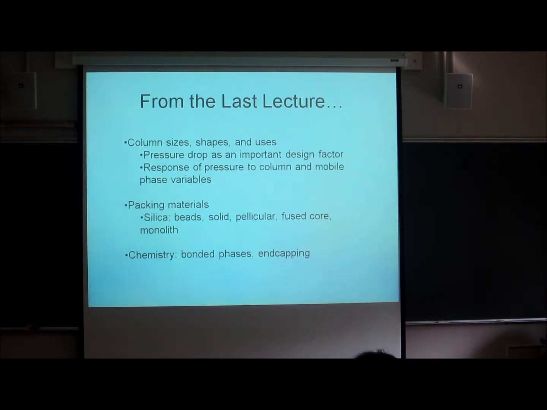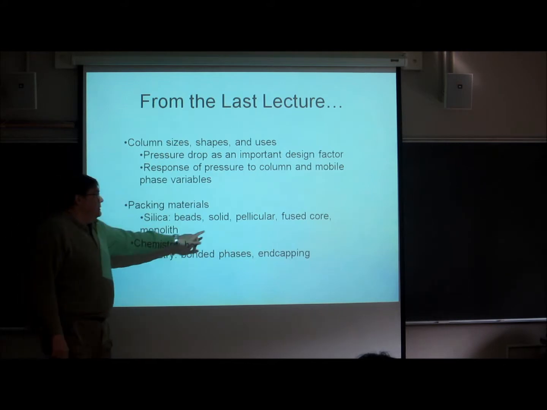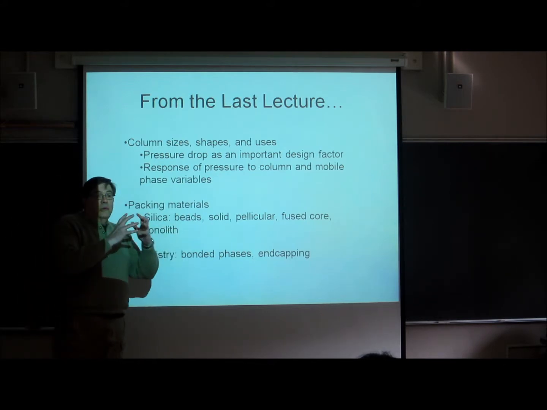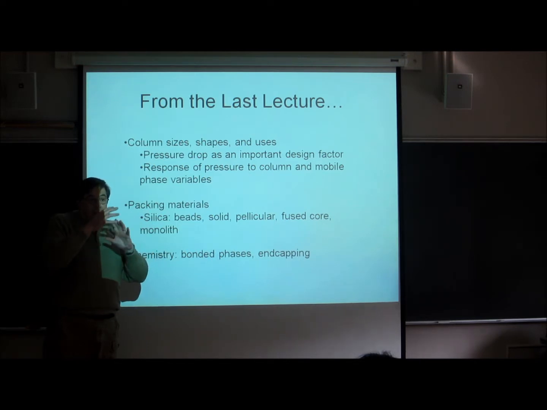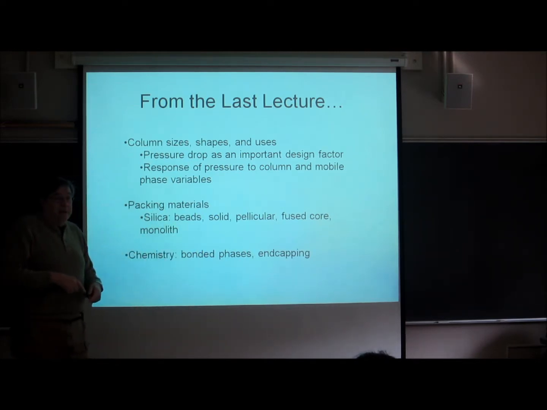And then we talked about packing materials, silica mostly, with beads and solids and superficially porous beads. Remember that's mostly solid, but with a thin layer of permeable silica on the outside, so that material goes into and out of the silica matrix, but not deep into the bed.